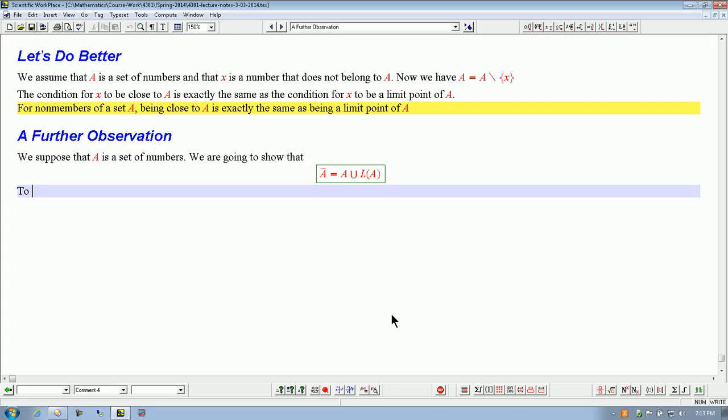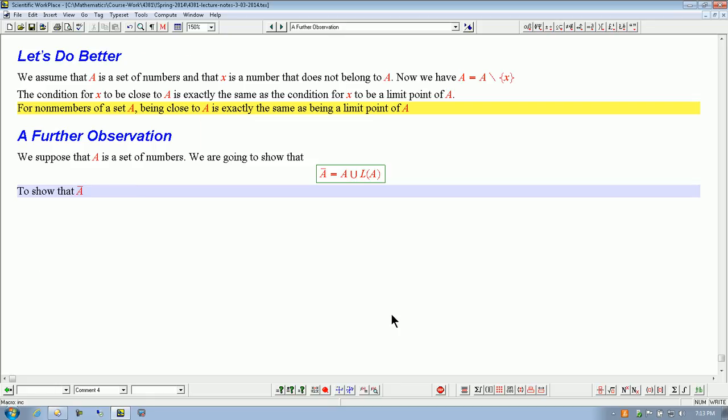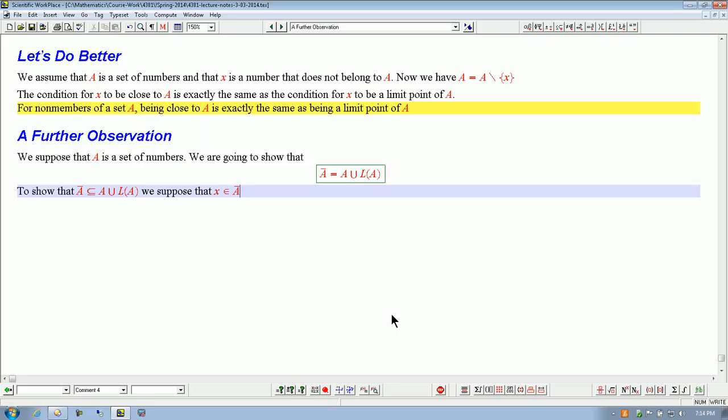So to show that A bar is included in the right side, A union L of A, how do you prove that every member of A bar does something? Suppose that X belongs to A bar.